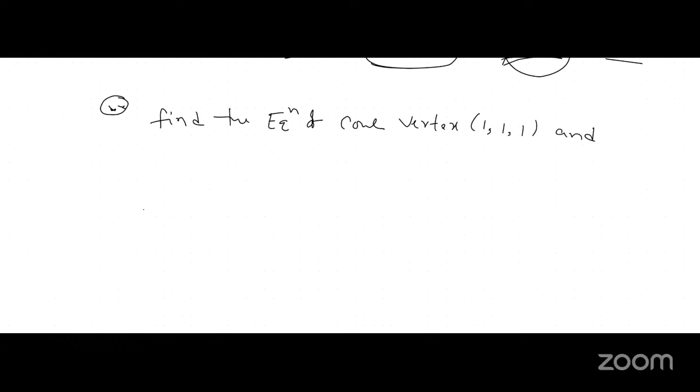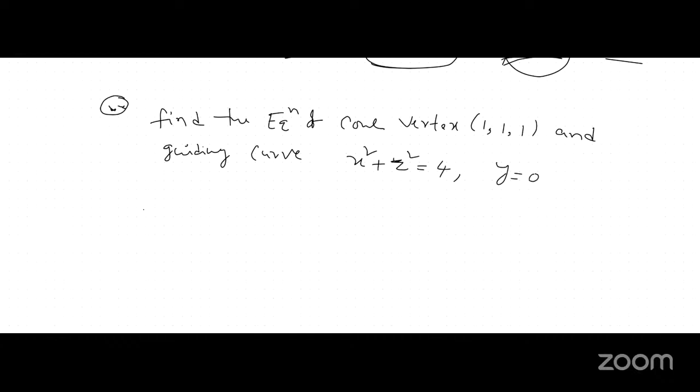So this is important. Find the equation of the cone with vertex 1 comma 1 comma 1 and guiding curve x square plus z square equal to 4 and y equal to 0.